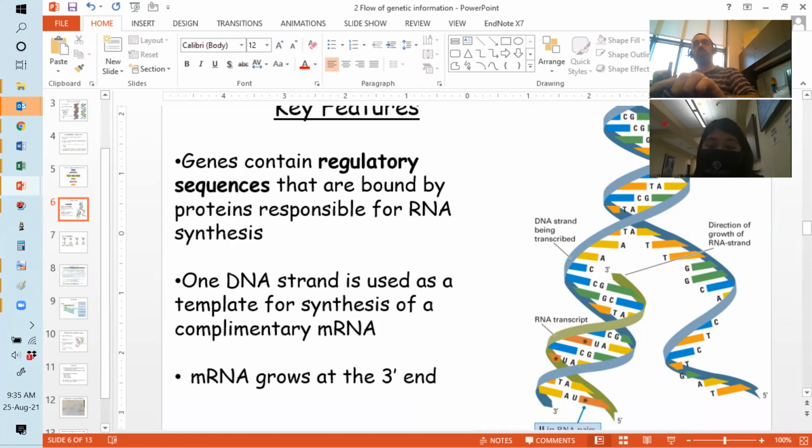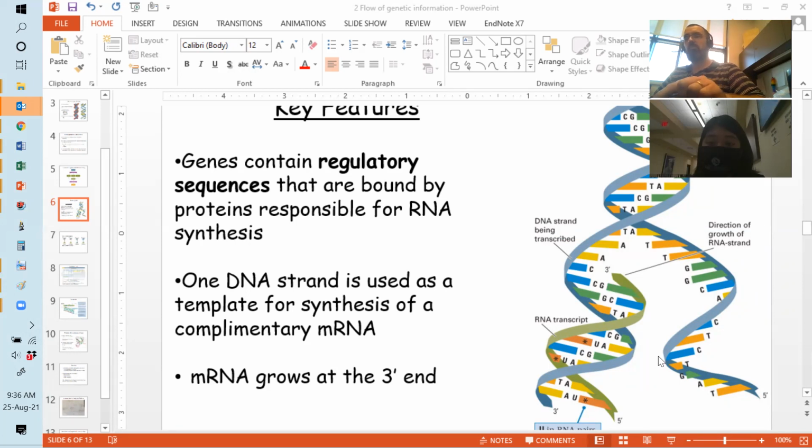And one of those strands is used to copy the DNA to make the RNA, right? This strand is not the one that contains the information. It is called the template strand. And the reason being is that you can only make RNA, just like DNA, by adding nucleotides at the 3' end.